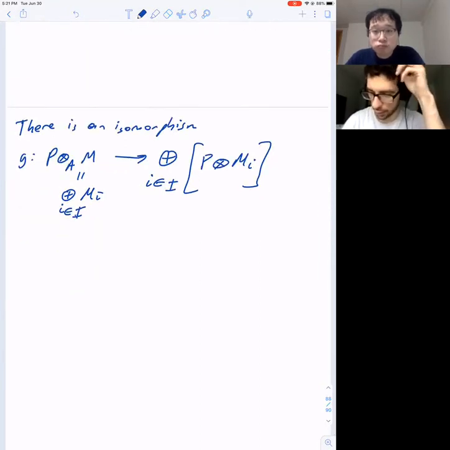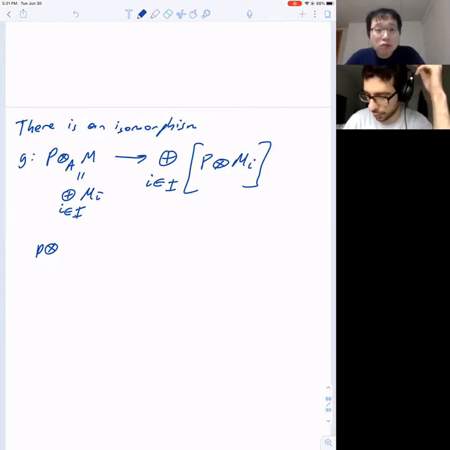How is that isomorphism going to be? I'm not going to tell you the map on every element, but I will tell you the map on every generating element.